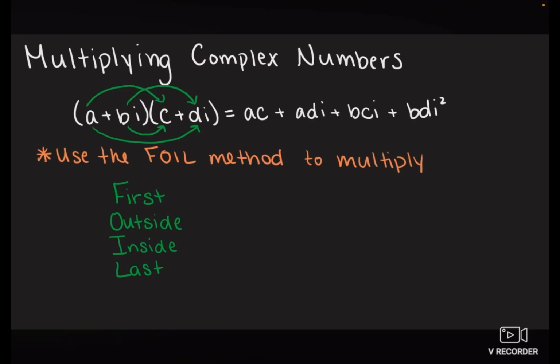Multiply the first terms in either bracket, which is a times c, plus multiply the outside terms of both the brackets, which is a times di, plus multiply the inside terms of both the brackets, which is bi times c, plus multiply the last terms in both the brackets, which is bi times di, which is bdi square. i square is square root of minus 1 the whole square, which is equal to minus 1.